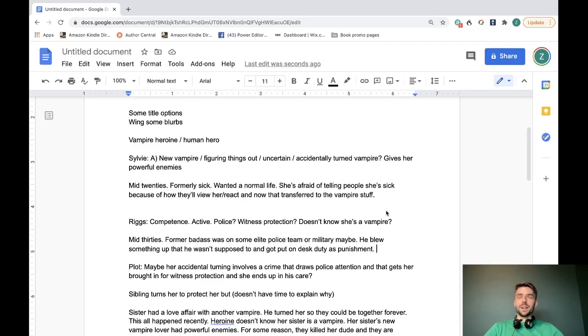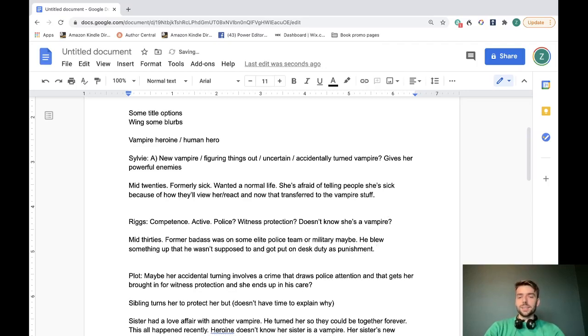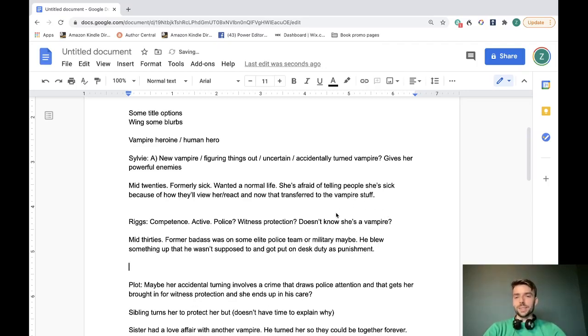But I do need to figure out if there's a single job in witness protection where you're processing paperwork and you're also the person looking out for the protectees. Because it could be that he gets assigned to her case, and then at some point he ends up taking more. I kind of like this. This is maybe a little more plot than character, but when I was in school, I never actually went back and read my notes.